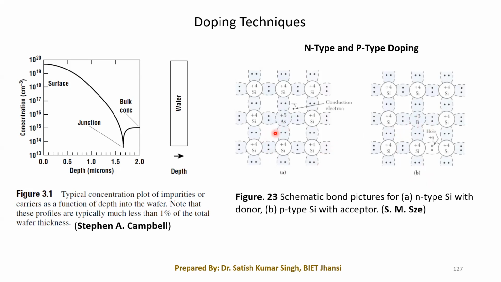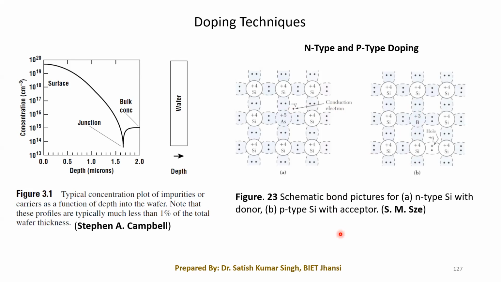If it is an n-type dopant, then it is going to give you an extra electron. If it is a p-type dopant, it is going to give you extra holes, meaning a vacancy of electrons. So this is one of the very important pictures to understand the physics behind the diffusion process.